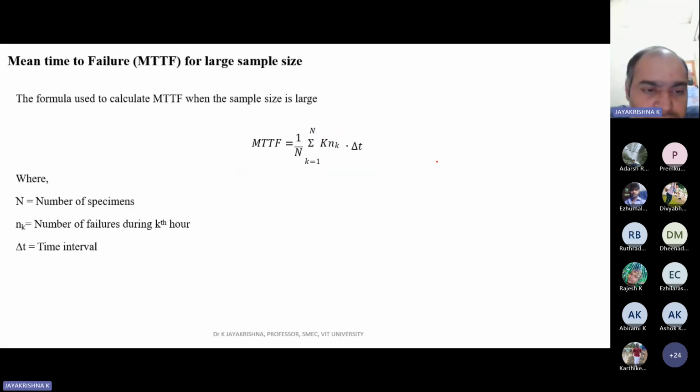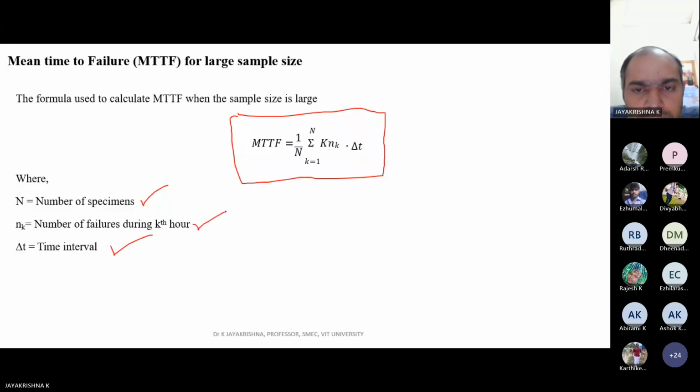When you have a large sample size, you can use this formula. MTTF is equal to 1 by n, summation of k equal to 1 to K of nk into delta t, where n denotes the number of specimens, delta t is the time interval, nk is the number of failures during the kth hour. Are you able to understand nk? If I am starting from t equal to 0 to t equal to some 100, what is the number of failures at first hour?